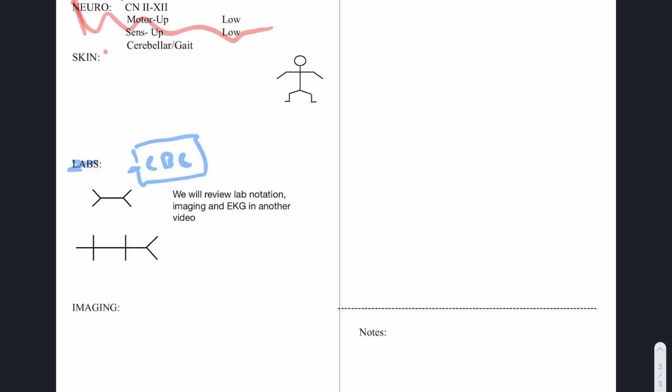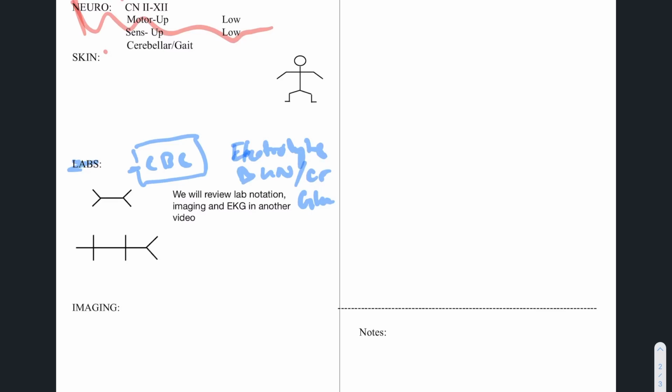Next is your chem panel, your basic metabolic panel. So that is your electrolytes. You also have your BUN and creatinine, which tells you how the kidney function is, and you also have your glucose levels. It tells you if it's low.